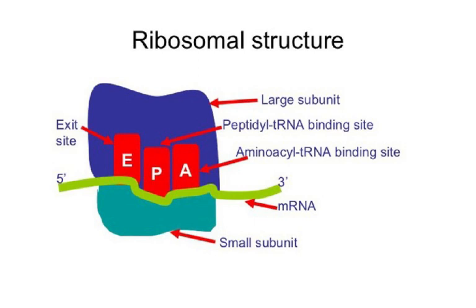Now the ribosomal structure, I want you to know about the three sites which are called the EPA. Nine bases can fit in here because three bases code for one amino acid. So three here, three here, three here, so nine. This is called the exit site, the peptidyl tRNA binding site, and the amino acid tRNA binding site. This is the mRNA, and this is the large subunit and the small subunit.